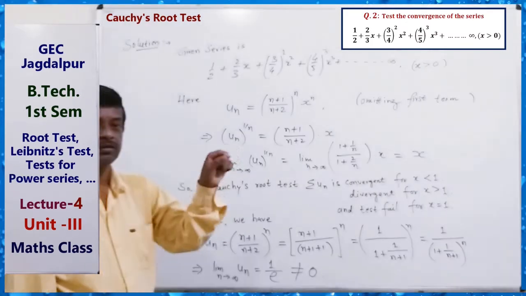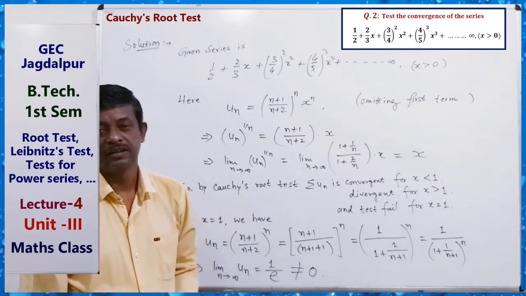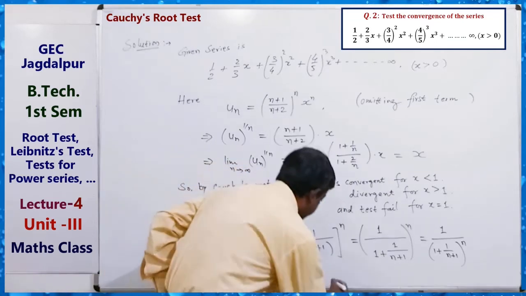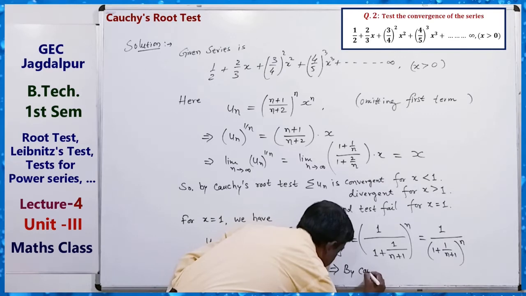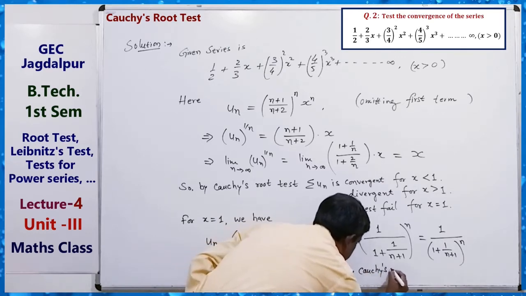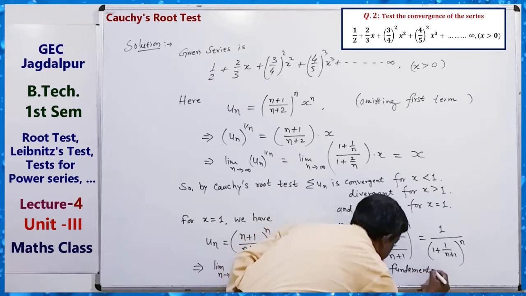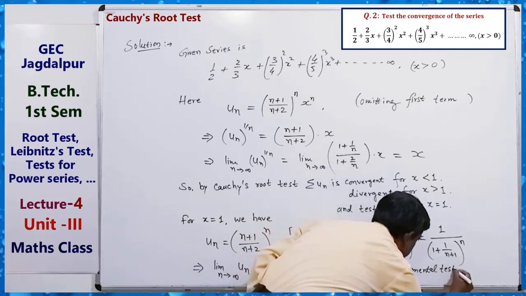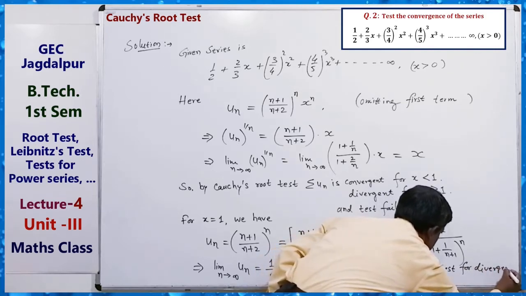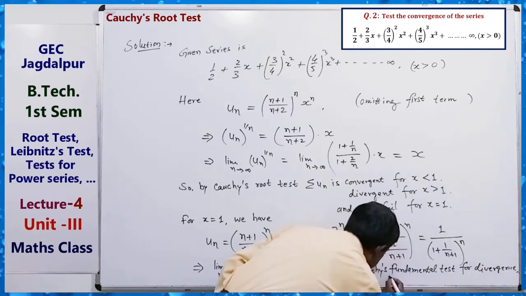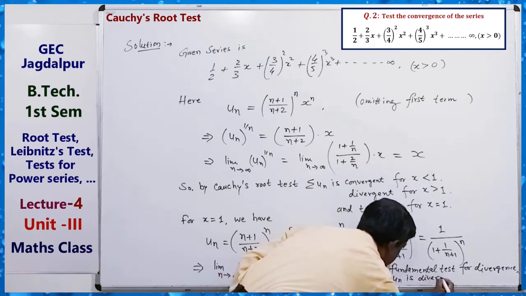We know un not tending to 0 means, for a series, by Cauchy's fundamental test for divergence, summation un is divergent.